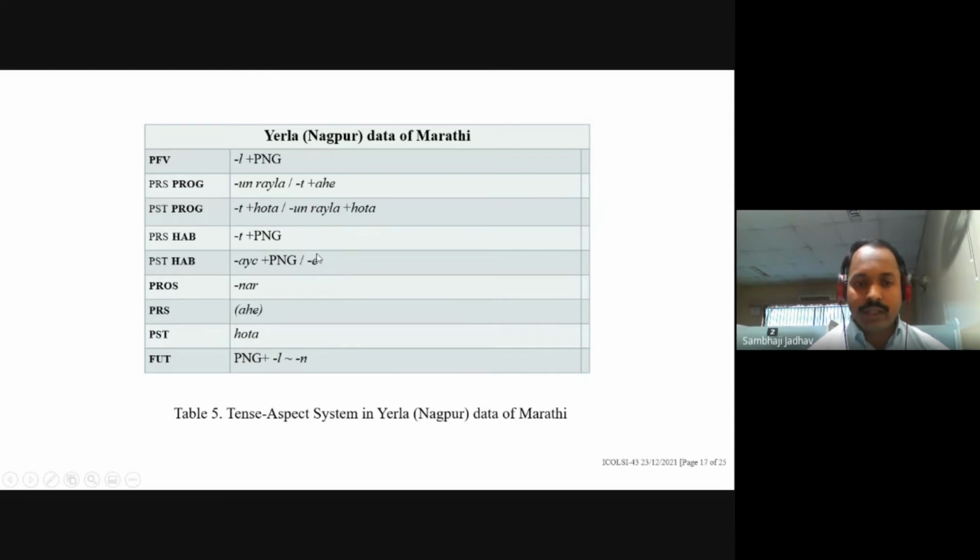Additionally, you have variation like A, where this means me काम करायचो versus me काम करे. These kinds of constructions are found there. So additionally, you have these other markers, and in this construction you get optional tense as well.